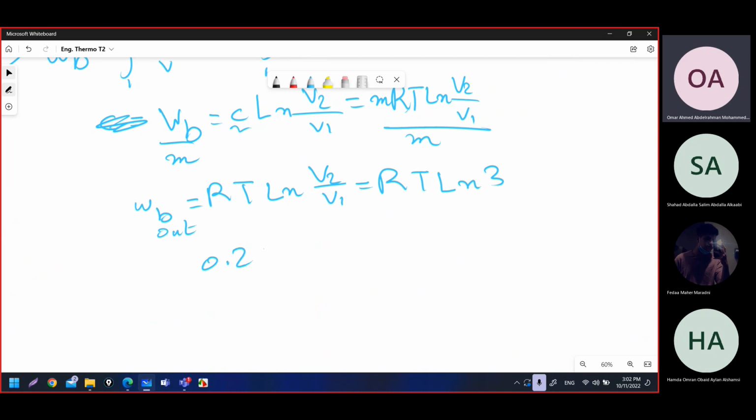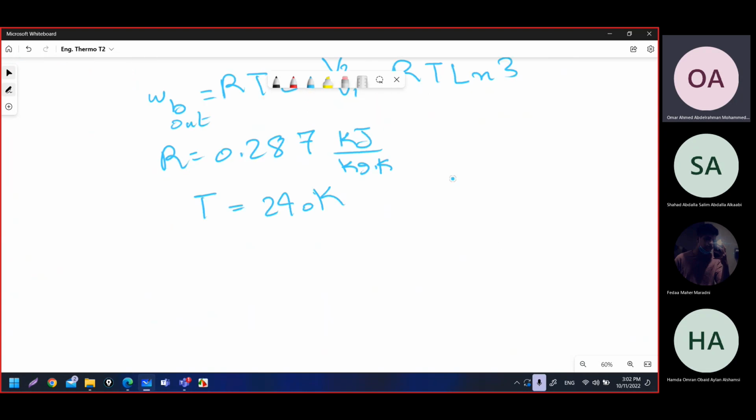R is equal to 0.287 kilojoule per kilogram Kelvin, okay? And T, you have to put it in Kelvin also. It is equal to 290 Kelvin. Then I will substitute in the equation in order to find the boundary work out. So it is equal to 0.287 times the temperature, 290, ln of 3, and this will give you 91.4 kilojoule per kilogram.